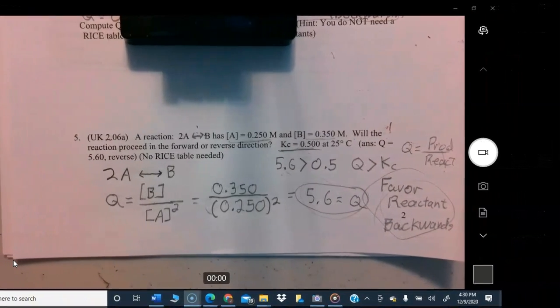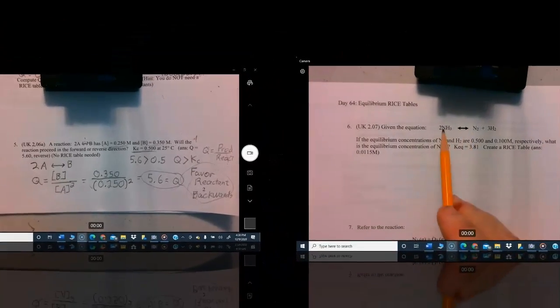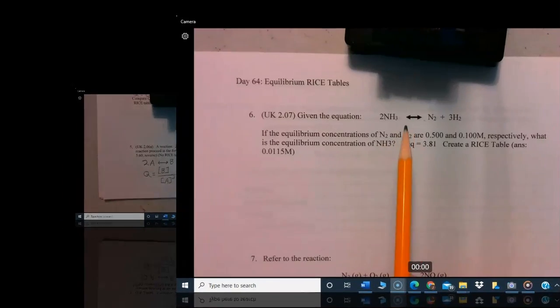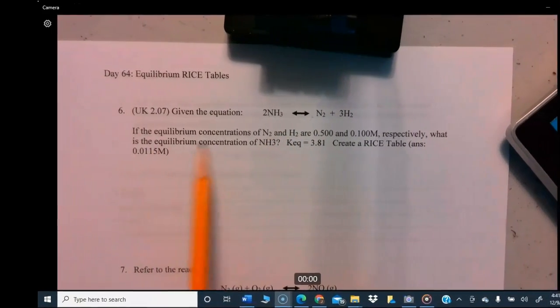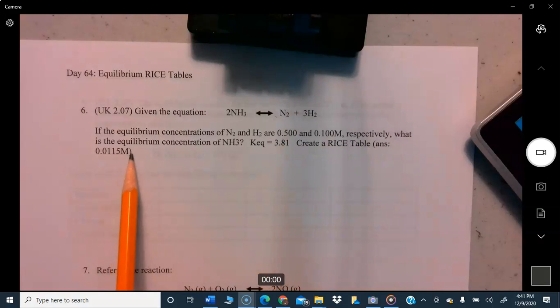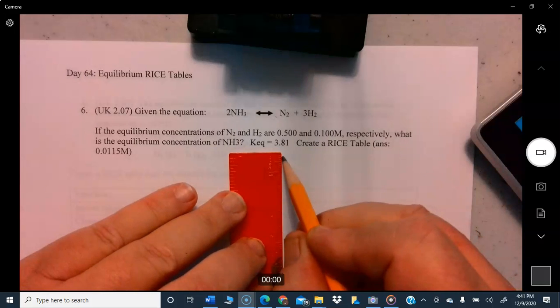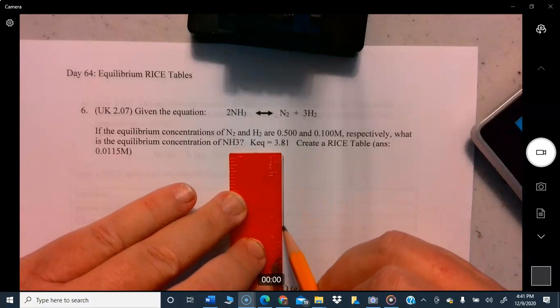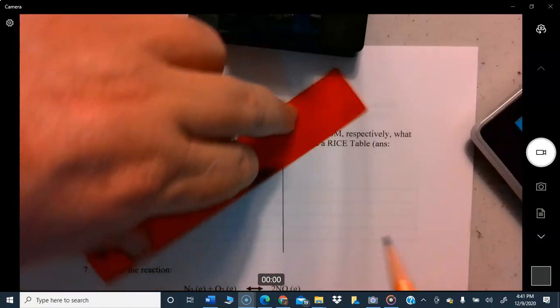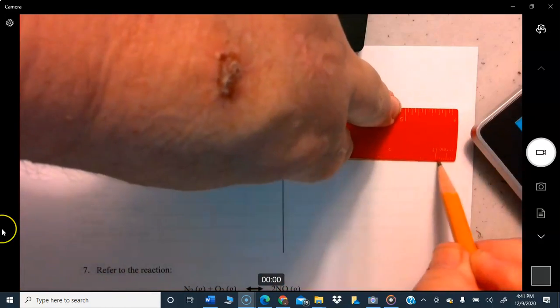All right, see if I can sneak in one. Okay, so let's wrap up with number 6. We've seen this equation before, decomposition of ammonia. If the equilibrium concentrations of N2 and H2 are 0.5 and 0.1 molar respectively, what is the equilibrium concentration of NH3? All right, so let's draw a quick little RICE table here. Try to do it neatly.